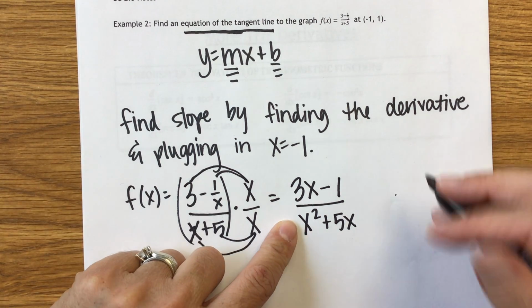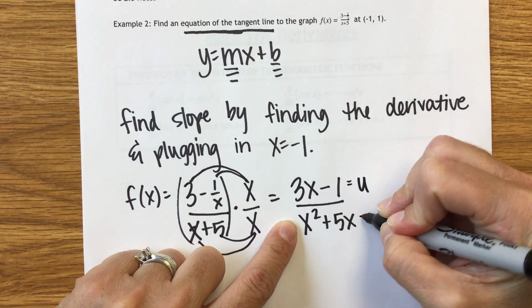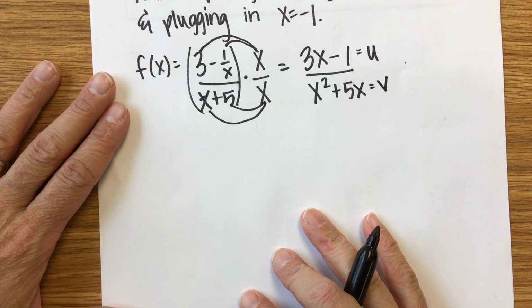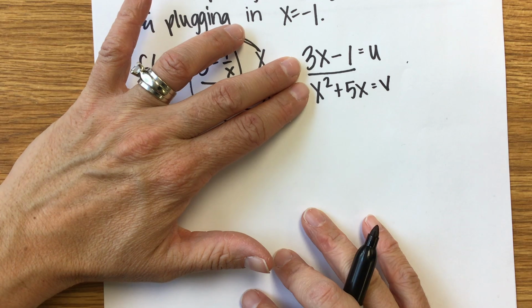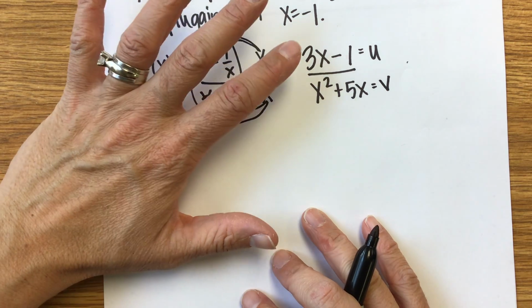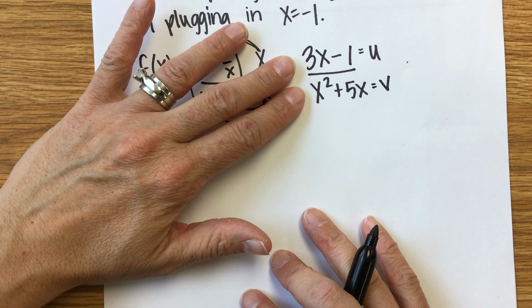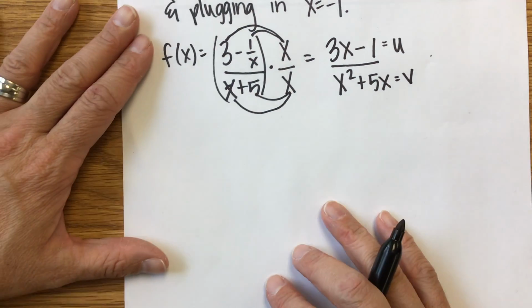So now I'm going to do this. The top is my u, the bottom is my v, and I'm going to use the quotient rule to find the derivative of this because it is a quotient. There's an x on the top, there are x's on the bottom. It requires the quotient rule to find the derivative.